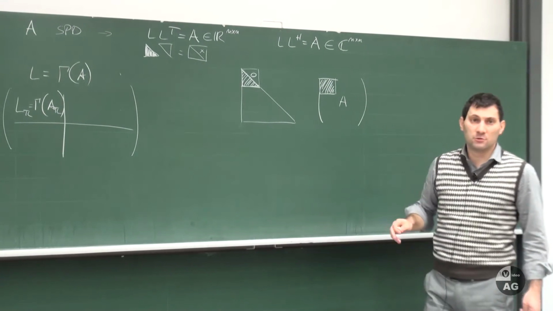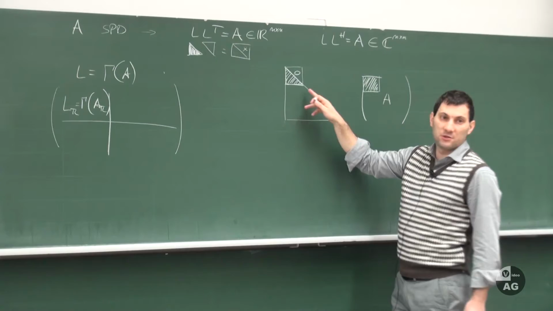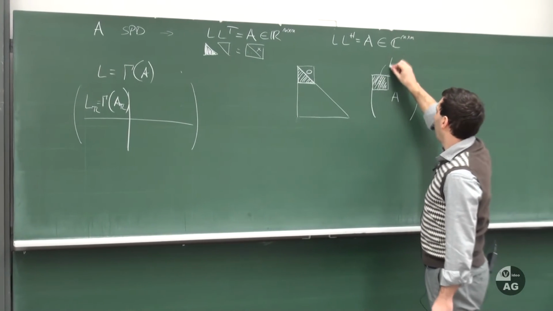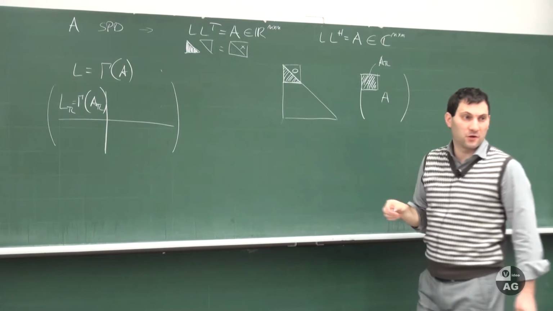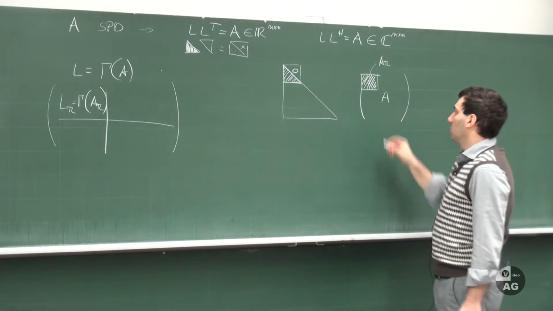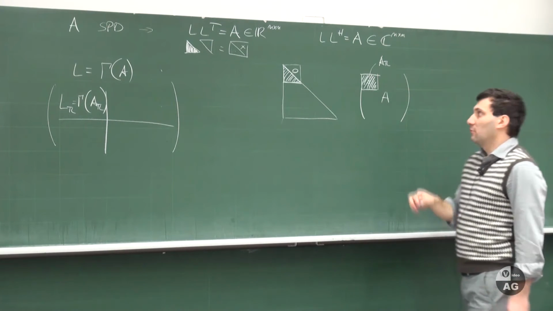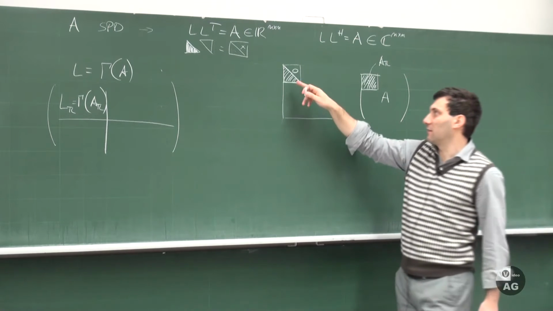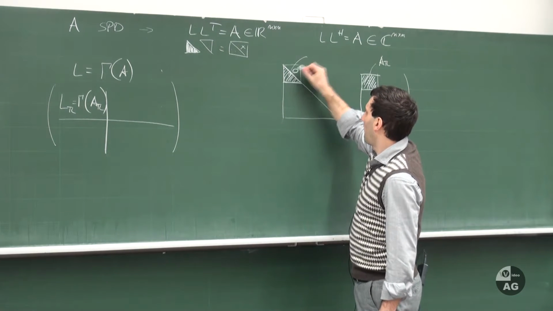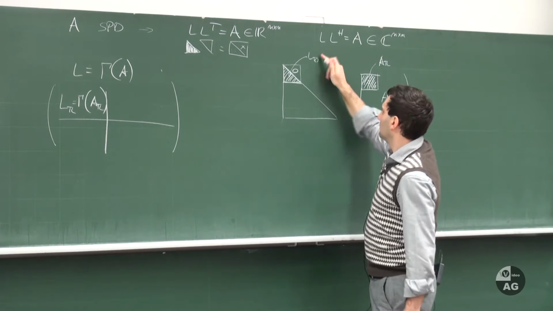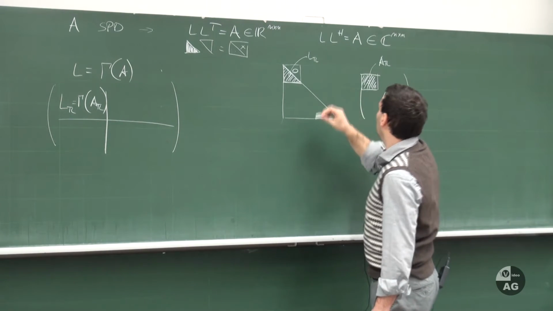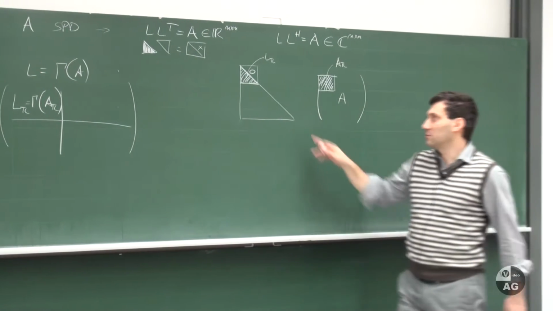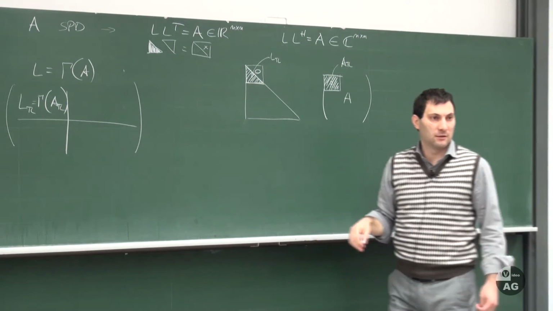This is true for any such partitioning as long as A top left is square. In particular it's true when A top left is 0 by 0, it's empty, which means L top left will be 0 by 0. It is true if A top left is 1 by 1, in which case L top left is 1 by 1.